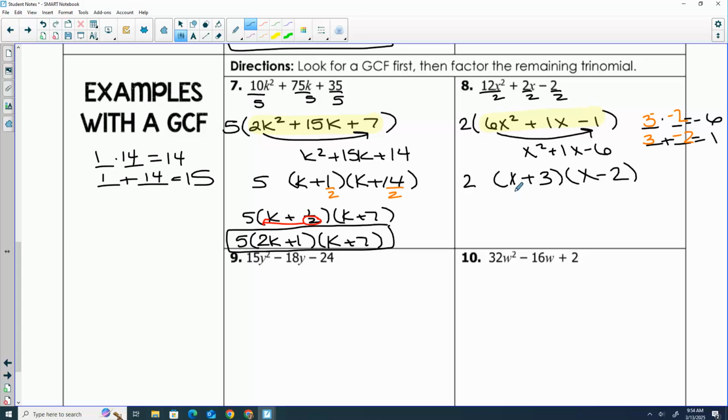Okay, then we have to divide our 6 back. So if you need to, 3 over 6 reduces to 1 over 2. 2 over 6 is 1 over 3. So you slide your denominator back to the front.